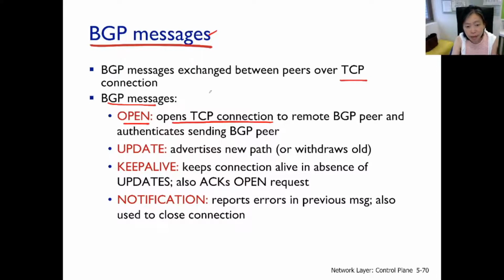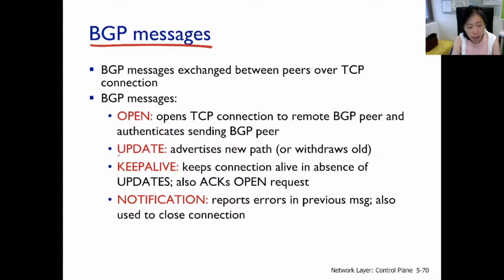The ACK of the open message is going to be in the keep alive message format. I know it's a bit tricky. Now, the open message is also used to do the authentication. The 2 peers can authenticate each other to make sure that the path advertisements are indeed the true paths to be discovered.